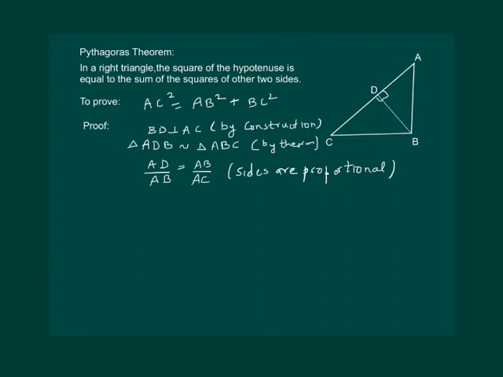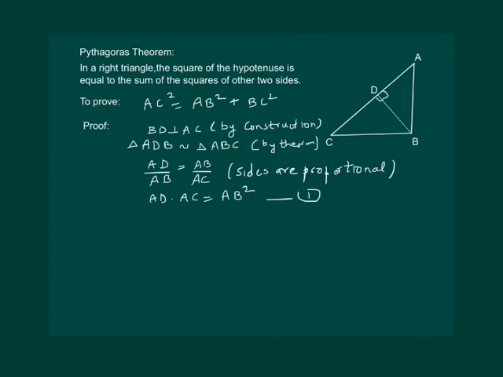So here AD by AB is equal to AB by AC. Now cross multiply this, we get AD into AC is equal to AB square. Let us mark this as 1.